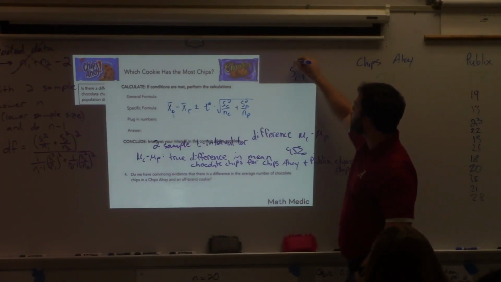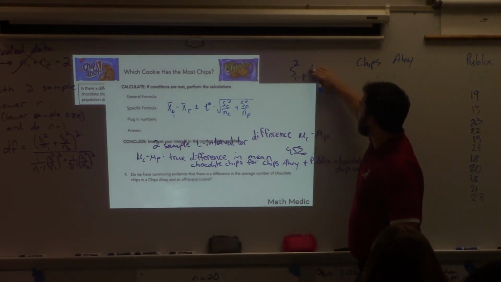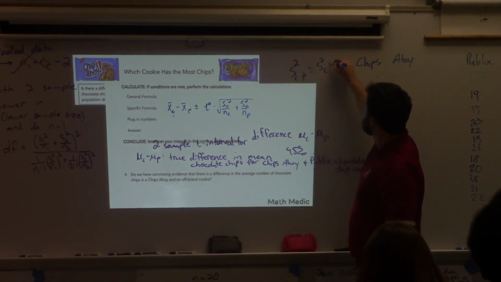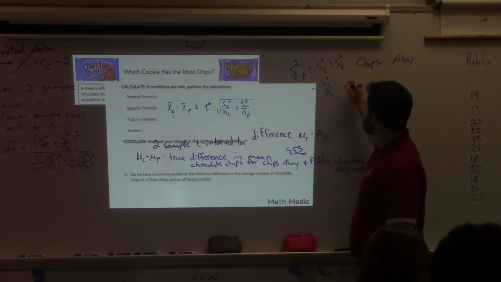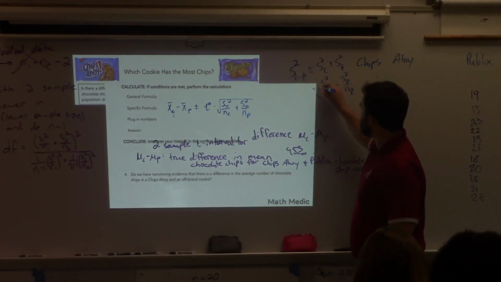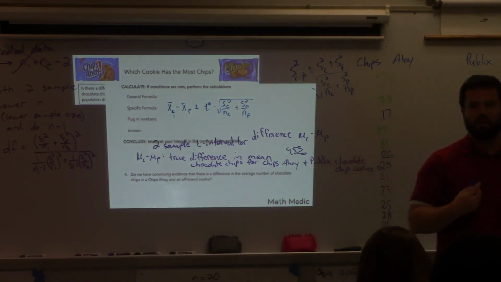No, I have to look at the variance, and I need to add them. So it's the variance of chocolate chip cookies divided by the sample size, plus the variance of Publix divided by the sample size, and then I take the square root of that. Remember, we're adding the variances there. It's not brand new information.